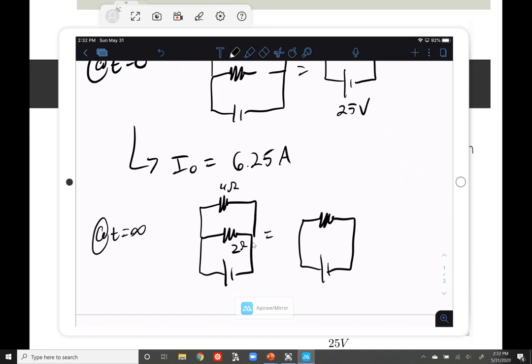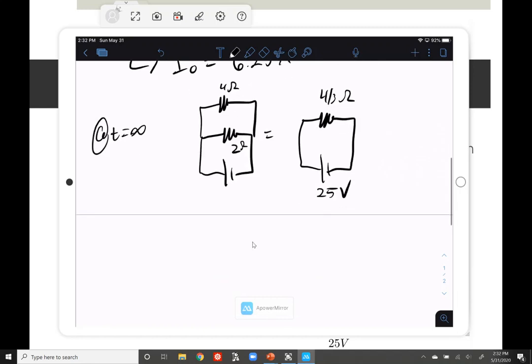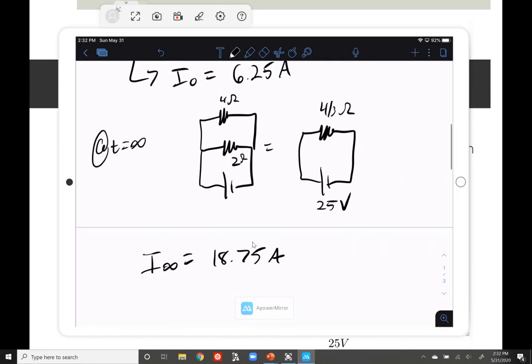I get 4/3 ohms for 25 volts. Quick application of Ohm's law there. 25 over our resistance gives us 18.75 amps as the infinity current.